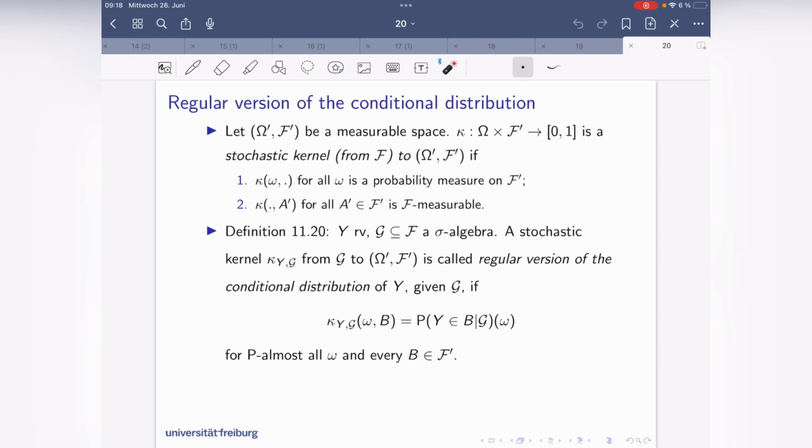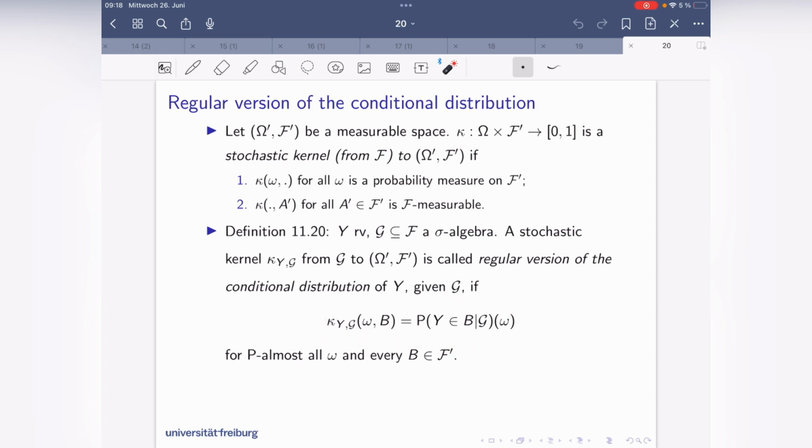And then we can say what a regular version of the conditional distribution is. Let's say we want to have it for a random variable Y given G, that is some stochastic kernel like this here, such that this here holds.